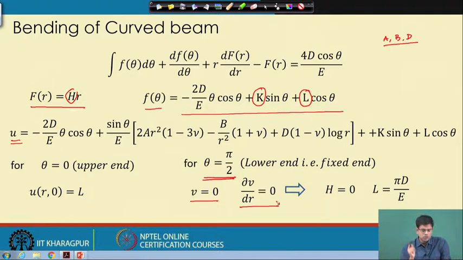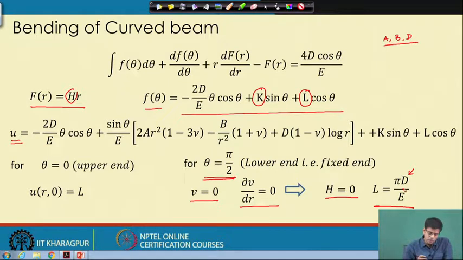Which gives us h equals 0 and l equals pi d by E. See, d is known to us. This is the same d that we obtained from the stress boundary condition. Now this d we know, so we know h and l.